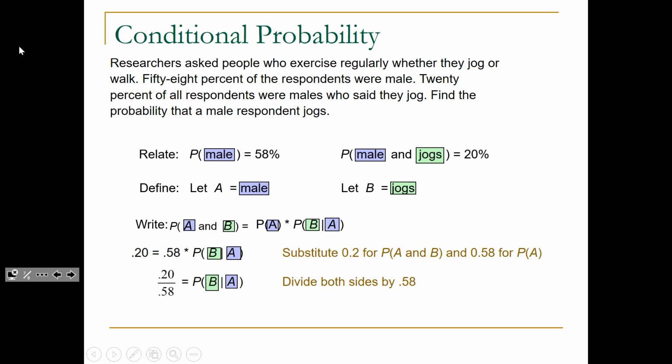What do we get when we divide those in our calculator? Right. Which would be about what percent? 34%. Very good. The 0.344 as a decimal is about 34%. So the probability that a male respondent jogs is about 34%.